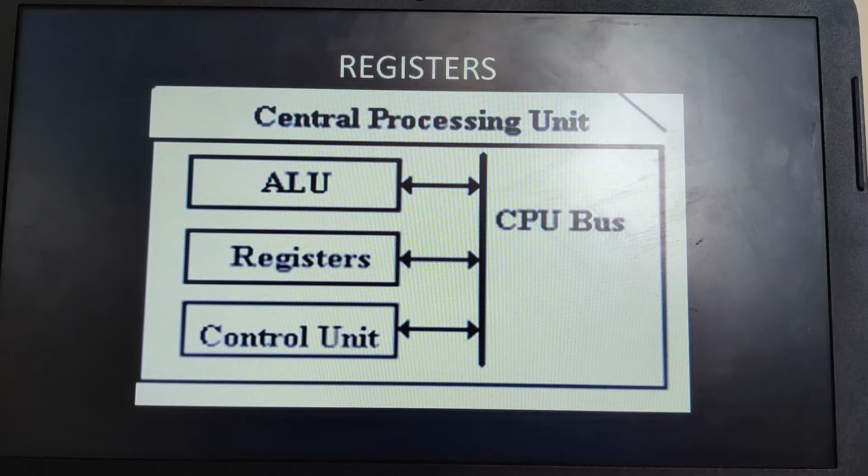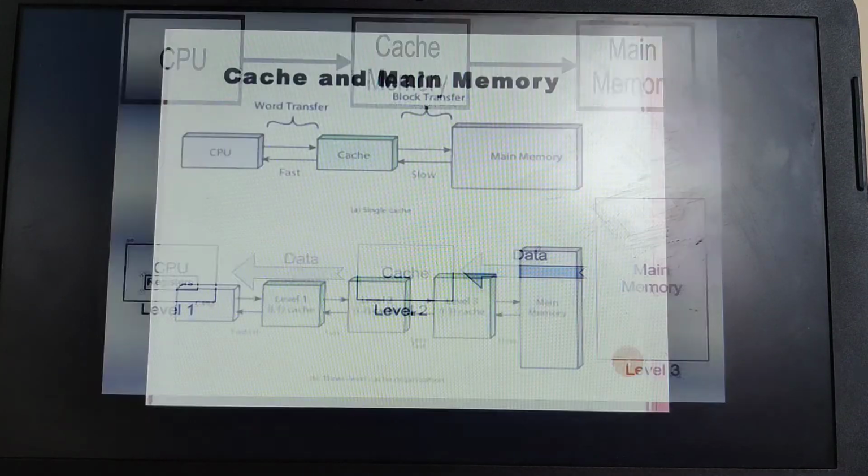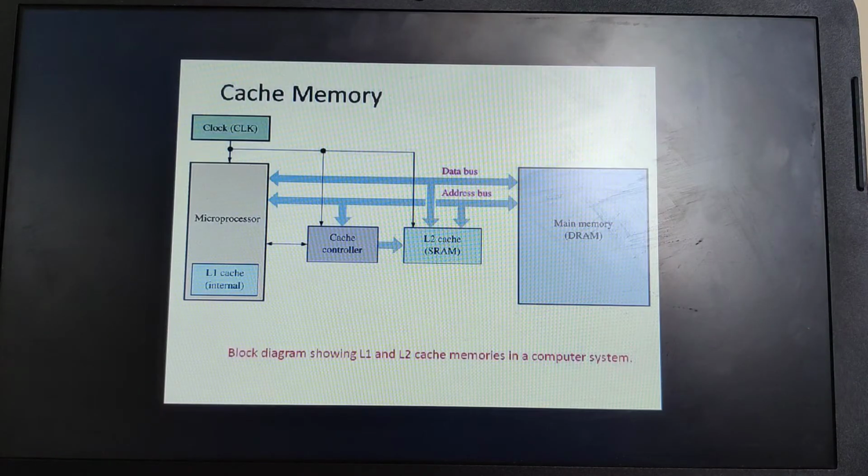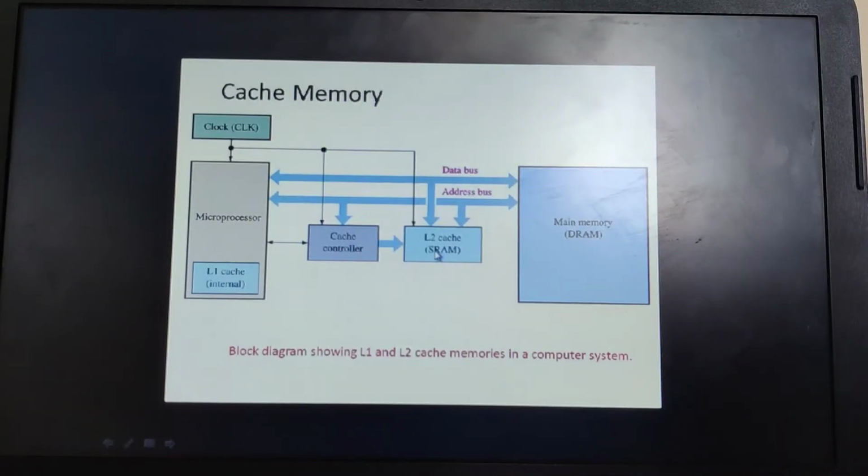So first one was the static memory. Static memory is a kind of memory chip that is present in the cache memory because of its high speed. Okay, so the static RAM, that is SRAM, you can see here in one of the slides. It is a kind of memory that has been placed in the cache memory because of its high speed.